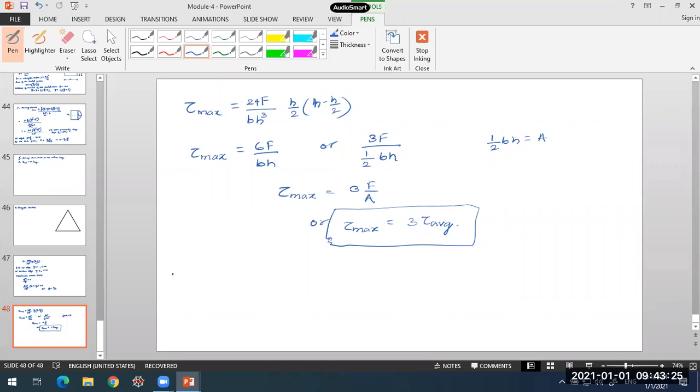And one more is at the neutral layer, at the neutral axis, Y is equal to 2 by 3 H. Therefore, what will happen to the shearing stress?